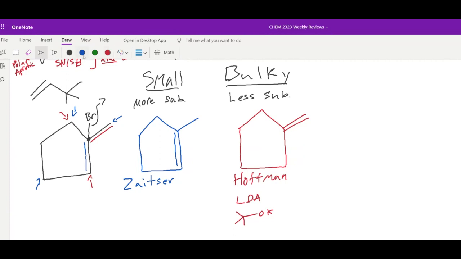Now, small bases, you have NaOH, which is a strong nucleophile and a strong base. And then another common example is H2SO4.